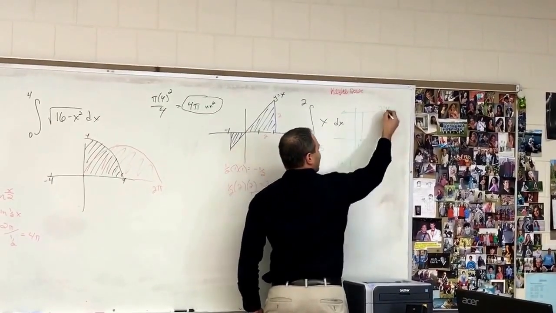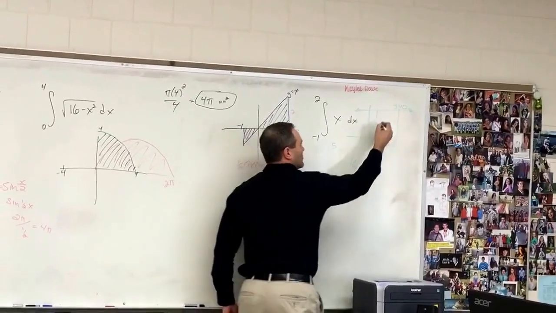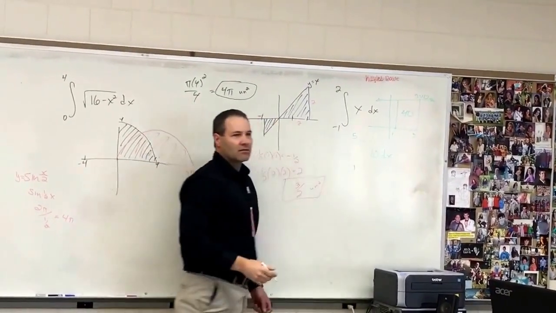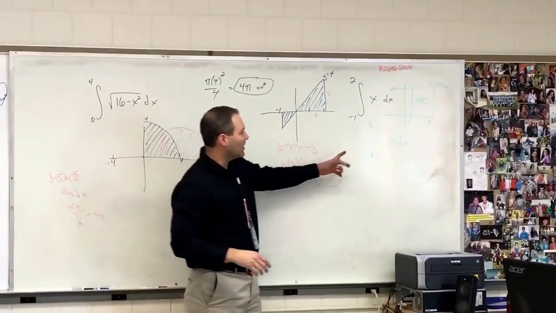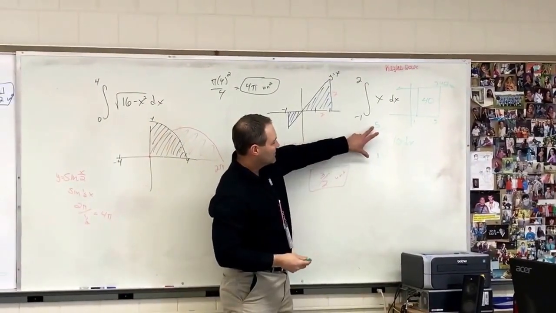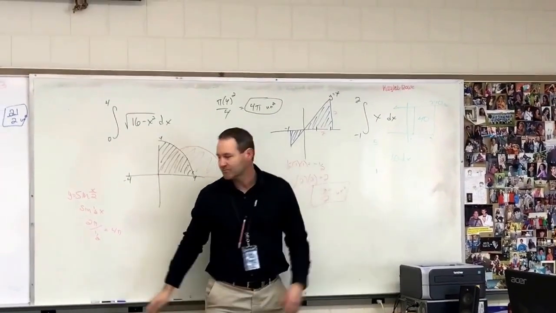So we're finding that area right there. 4 times 10 gives you 40. Make sense? If it's a constant, it's just b minus a times the constant.